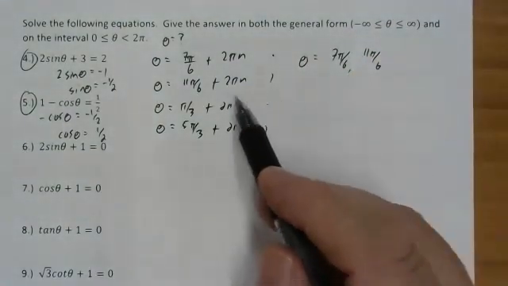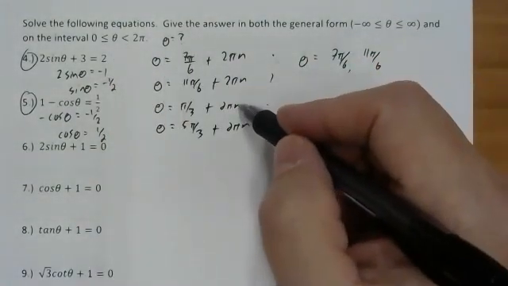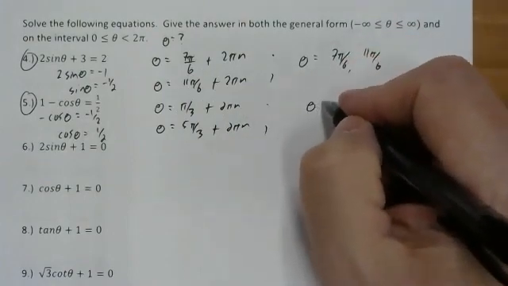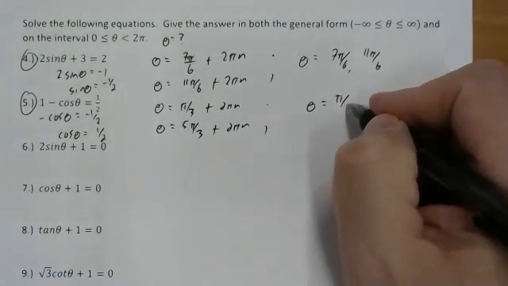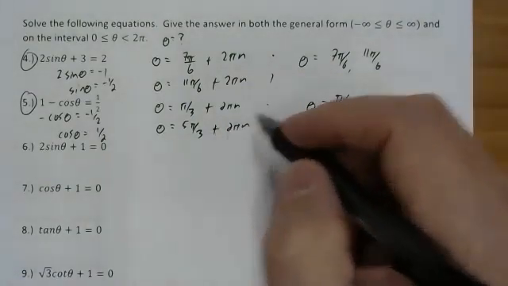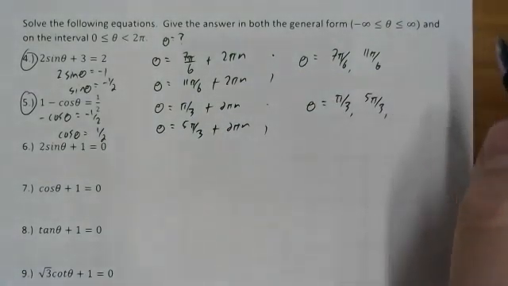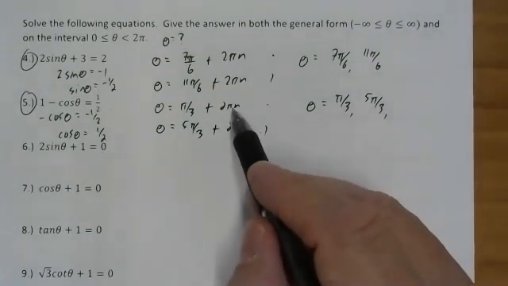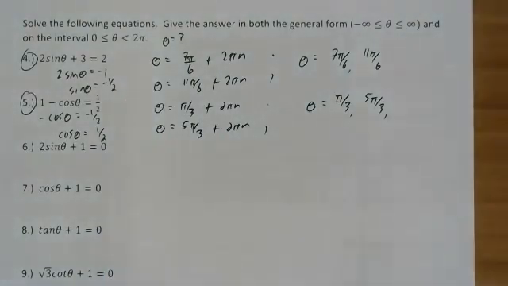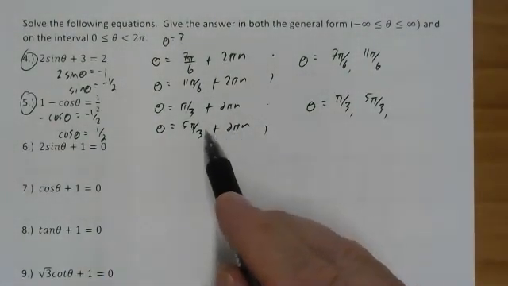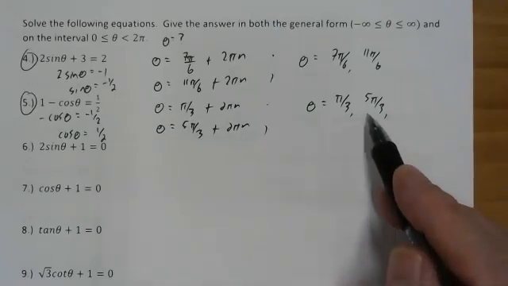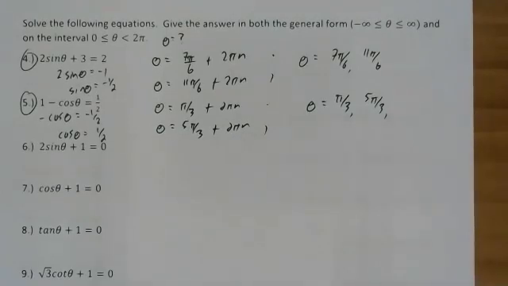Now, for the solutions between 0 and 2 pi, when n is 0, I have a solution of pi over 3 and a solution of 5 pi over 3. If n is 1, 2 pi plus pi over 3 is outside my allowed interval, and the same thing happens with 5 pi over 3. So basically, that's going to be my specific solution.